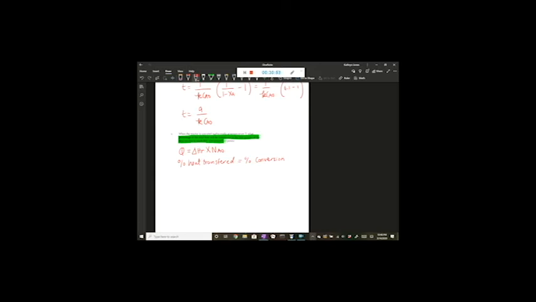They're proportional, so these percentages should be the same. To solve this, we just need to figure out what the conversion is at 1/4 of the time. So we know that T is equal to 9 over K Ca naught. In this problem, we will be looking at 9/4 over K Ca naught.